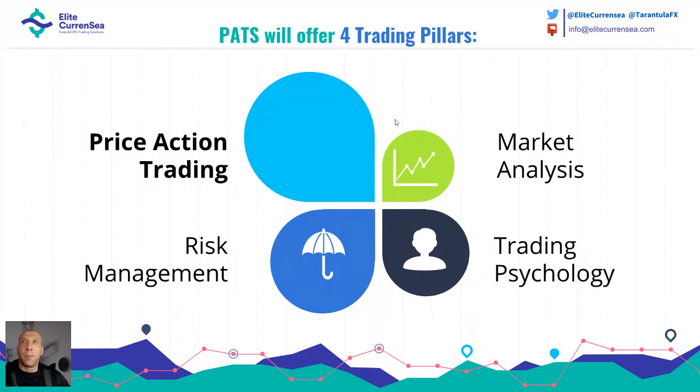Basically, PATS offers 4 trading pillars: price action trading, market analysis, risk management, and trading psychology. Price action trading is the core of every good and successful method. With price action, you will always learn how to trade properly, but you will also know what factors separate a successful from an unsuccessful trader.